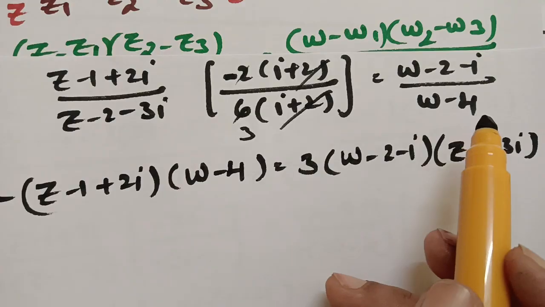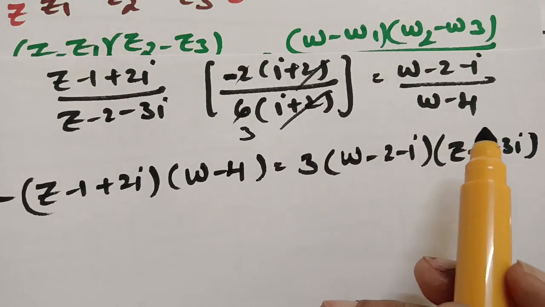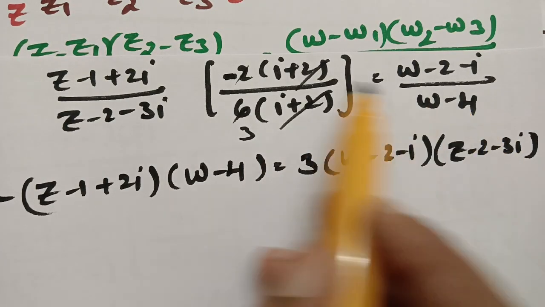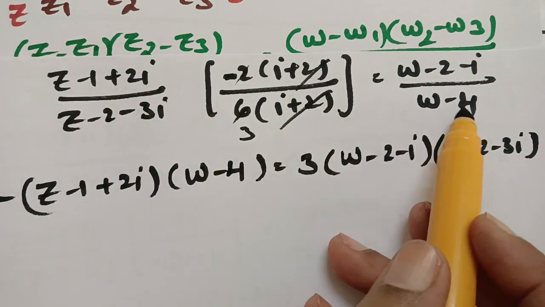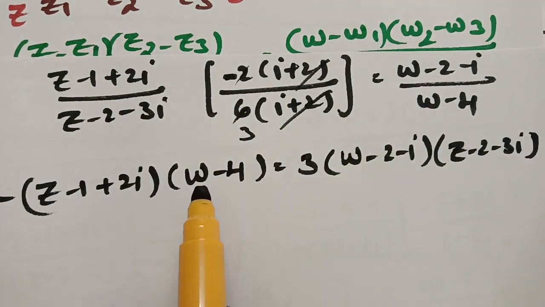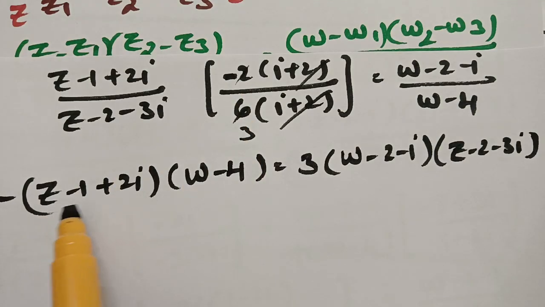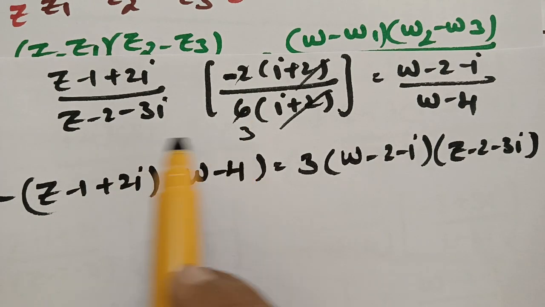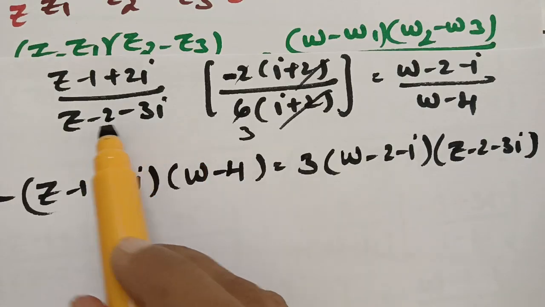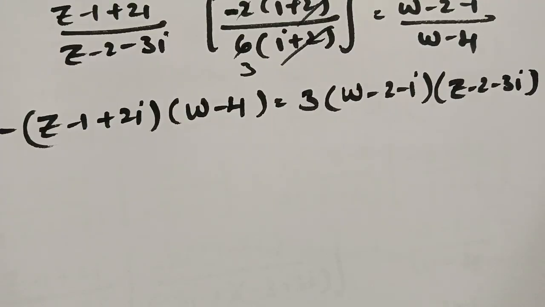So this is 3 times of, there is 3 here. So I am multiplying with this, that is (w minus 4) times of, this is minus (z minus 1 plus 2i), and if I multiply, so this is 3 times of this one into this term. Now I am going to multiply.